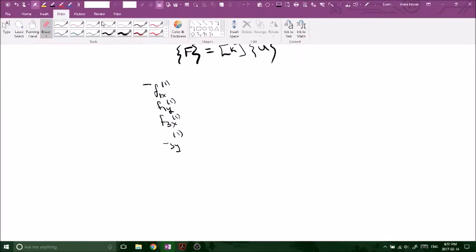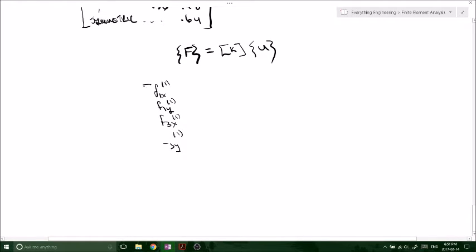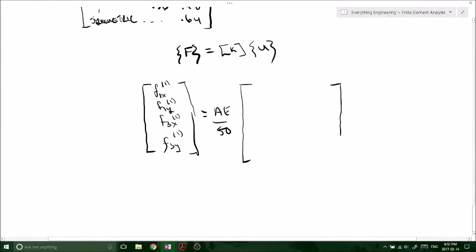Just like when we're doing the one-dimensional problems, we label it such that we can just keep track of everything, right? We have our node 3 due to the first member, so that's how I'm labeling this. Label it how you want, just as long as you keep track of everything. And that's going to be AE over 50 multiplied by our stiffness matrix K1. I'm not going to fill it in quite yet, I'll show you why.